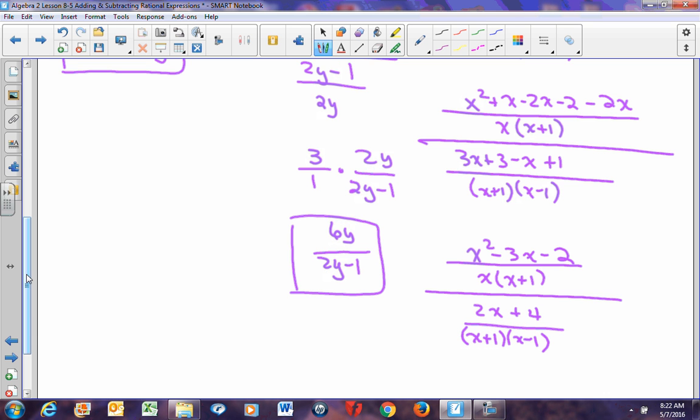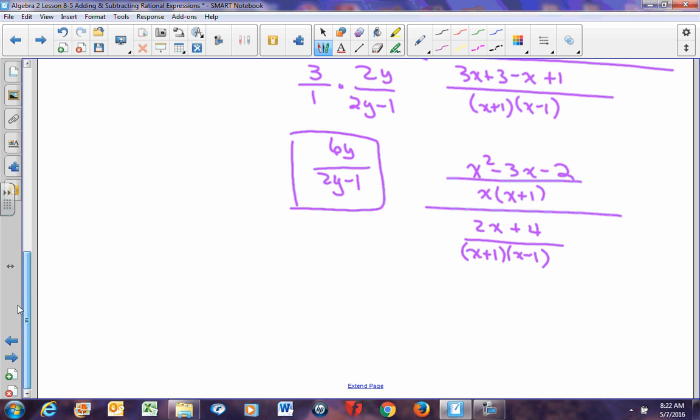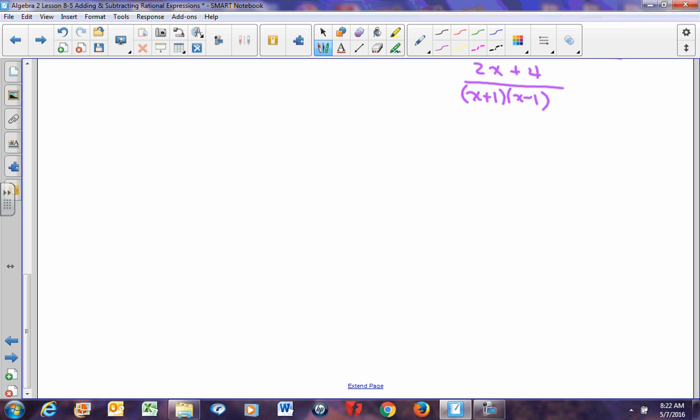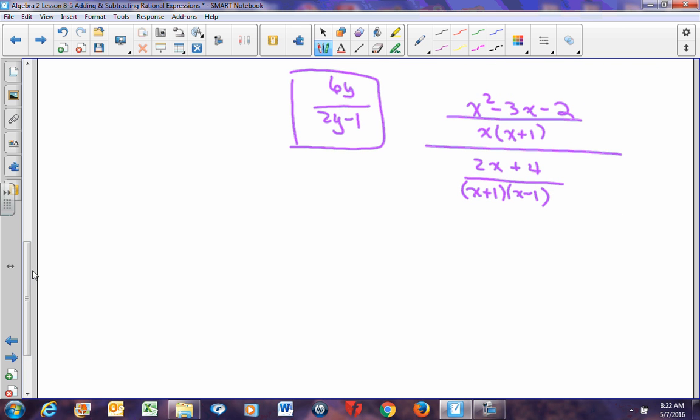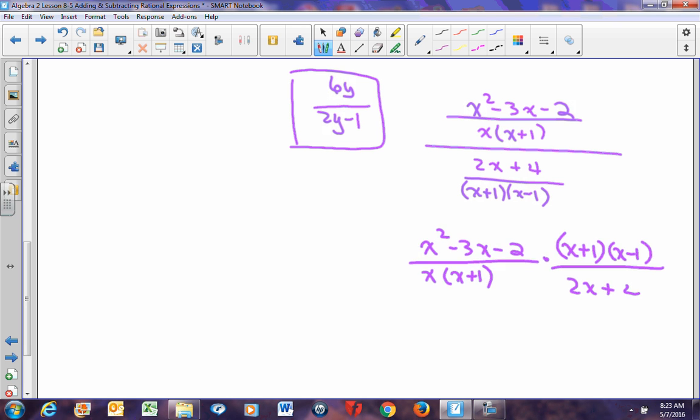So now we've got it simplified to the point where I can just take care of multiplying by the reciprocal. So I'm going to have x squared minus 3x minus 2 over x times x plus 1, and multiply that by x plus 1 times x minus 1 all over 2x plus 4.